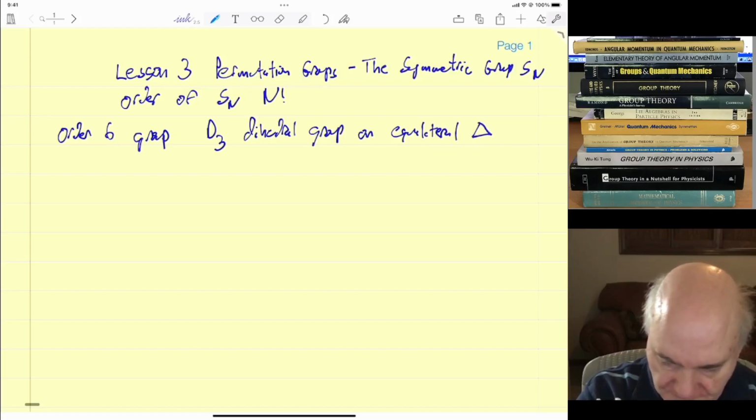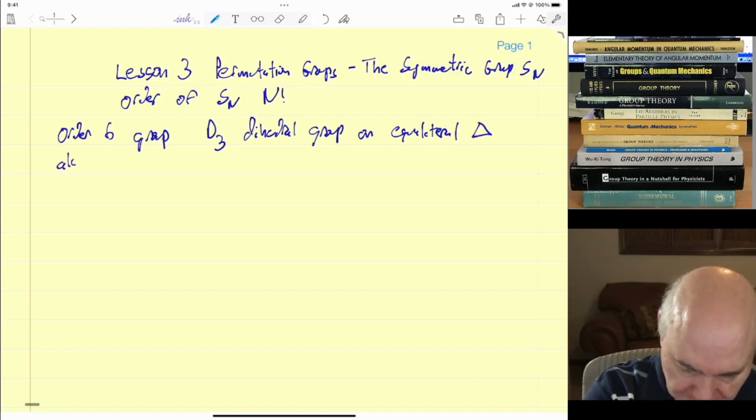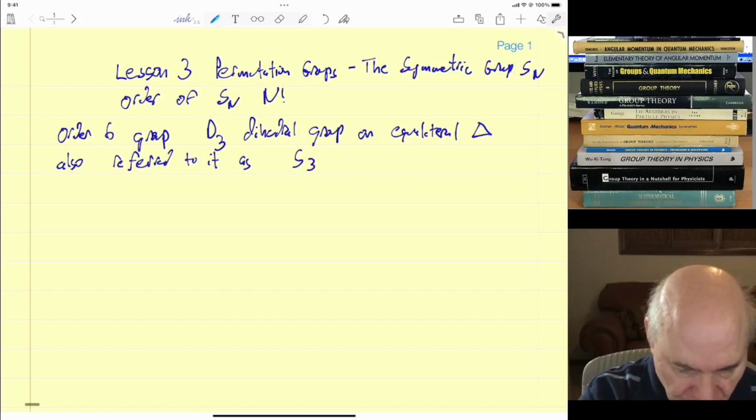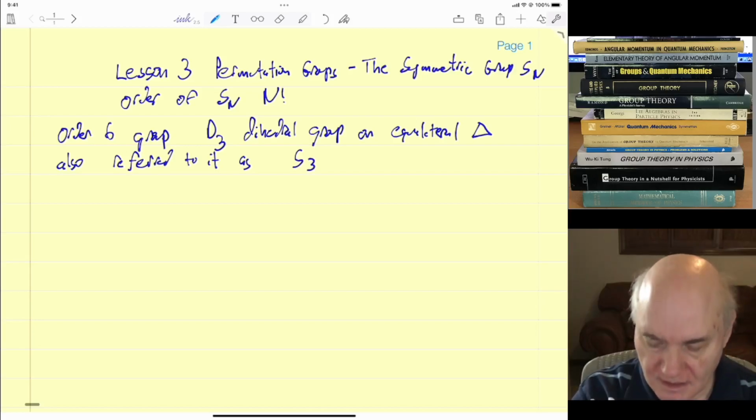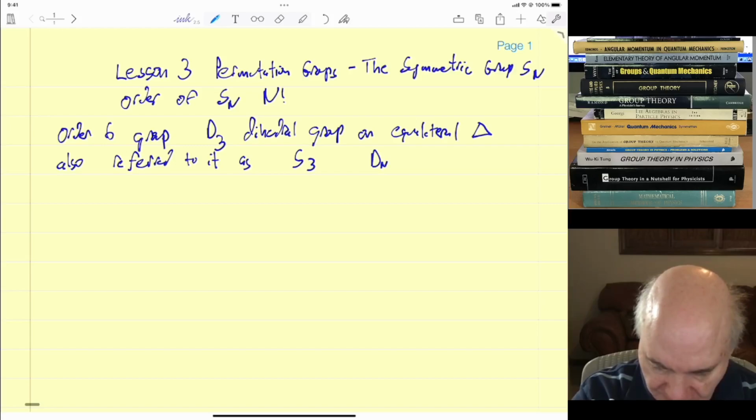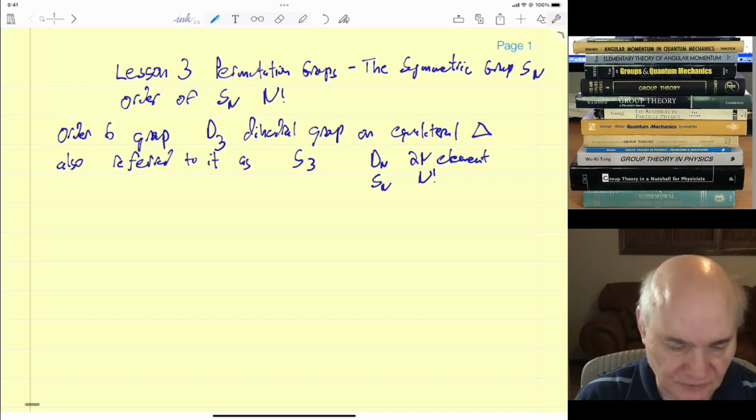And we also called it S3, which is the permutation group on 3 elements. This is the last isomorphism between Dn and Sn. Dn has 2n elements, Sn has n factorial elements, so they'll never be the same groups again.